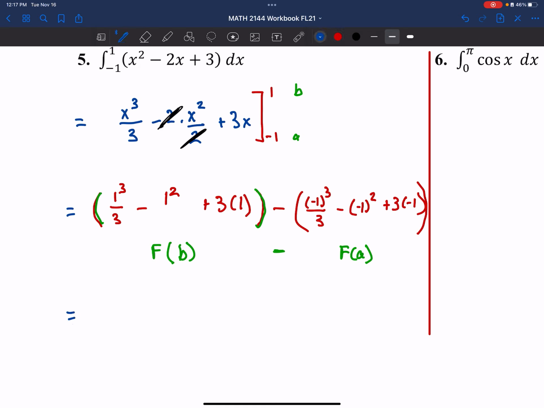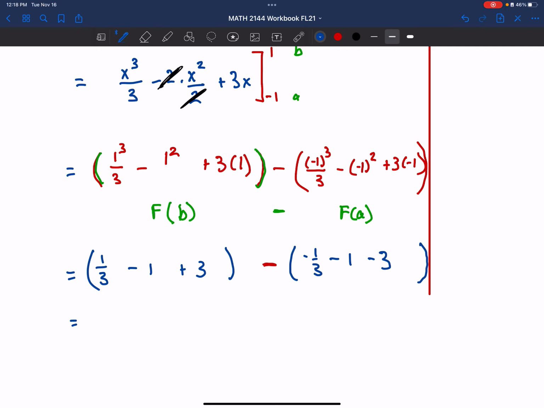From here, this is just an arithmetic problem. You're like, finally, arithmetic, I could add. So this will be 1/3 minus 1 plus 3. Be careful with this second parentheses, because this negative will need to distribute if you don't simplify everything inside first. So this will be minus 1/3, minus 1, minus 3.